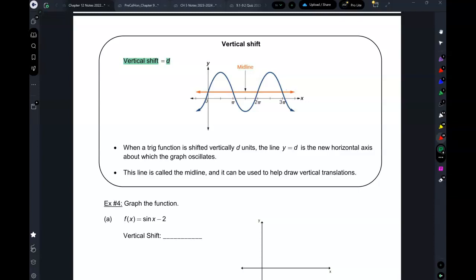So if you have plus 2, you go up 2. If you have minus 3, you go down 3. Now, just like when we were dealing with asymptotes, if there was a vertical shift, everything moved, including the asymptote. So if there is a vertical shift, the axis of oscillation moves, everything moves along with it.